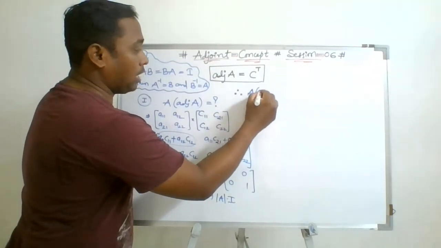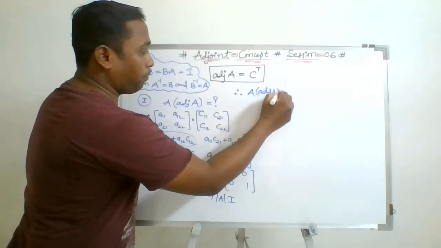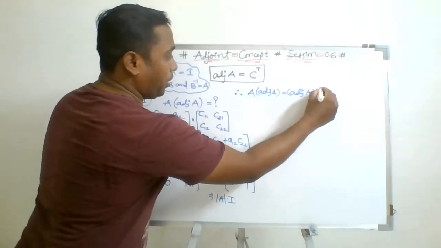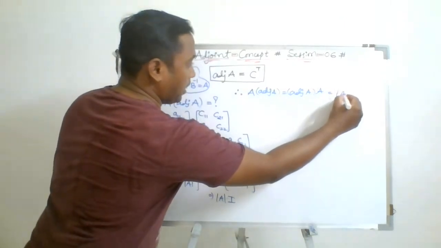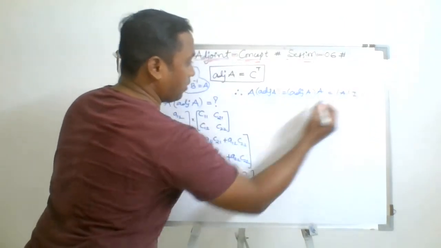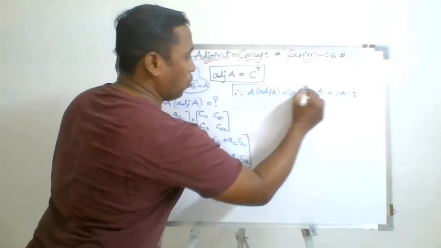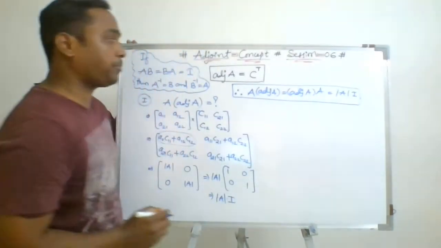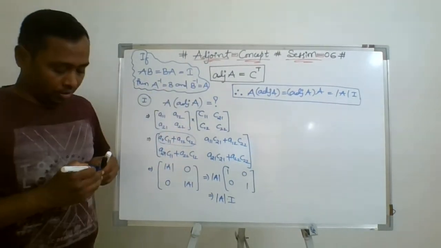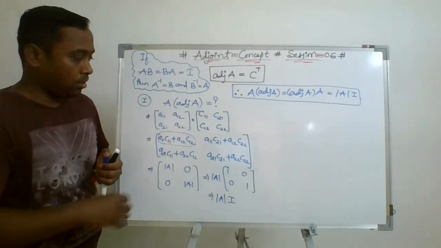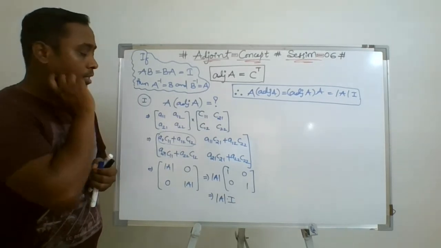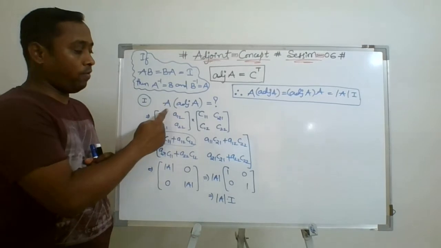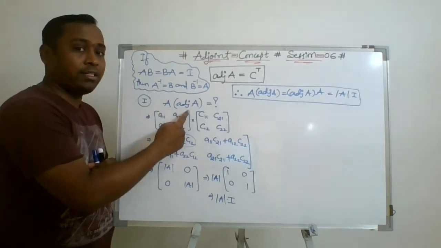Finally, what I got is A into adjoint A is equal to adjoint A into A, which always gives det A into I. So this is the first and the most important result of adjoint matrix after the definition. So I repeat what I have tried to do. First, I wanted to find out the result of a square matrix with its adjoint.